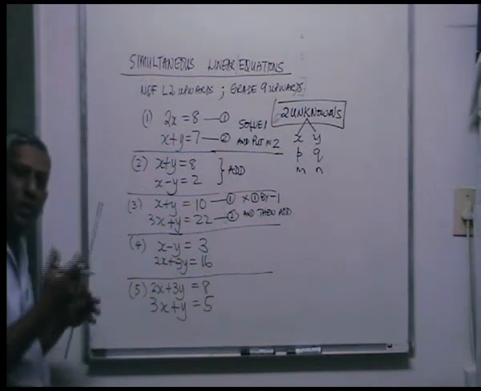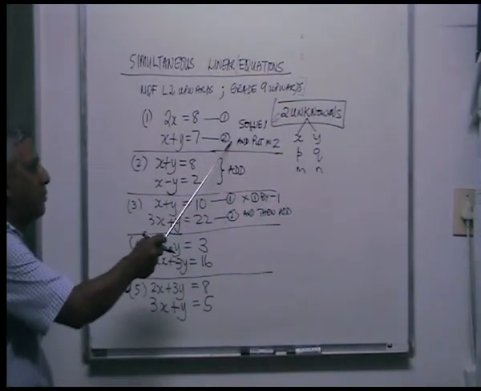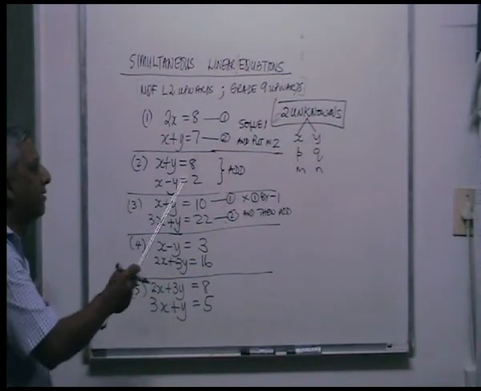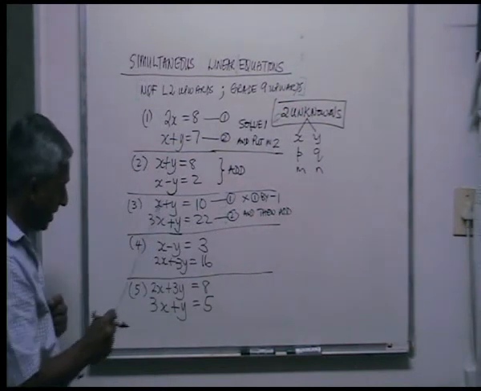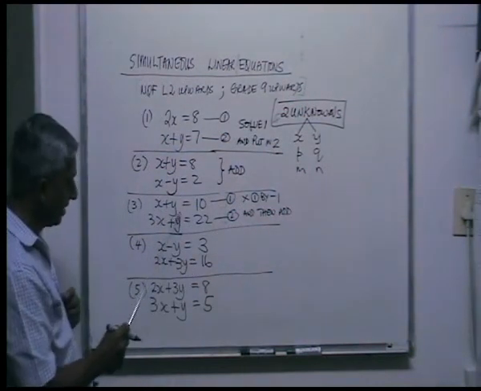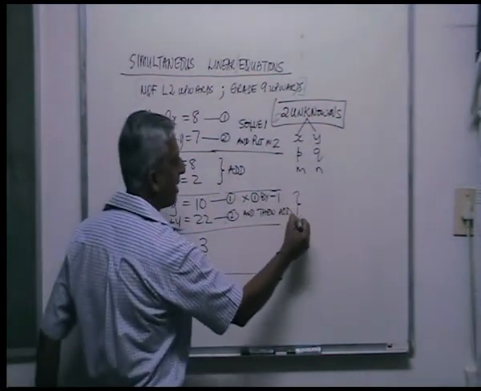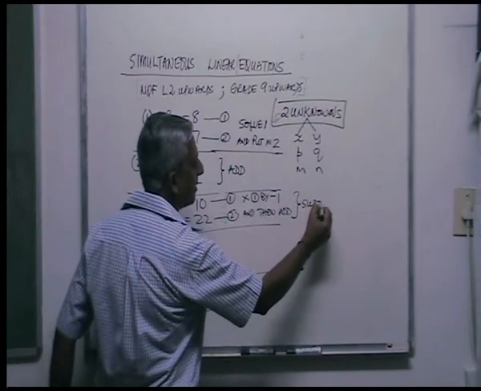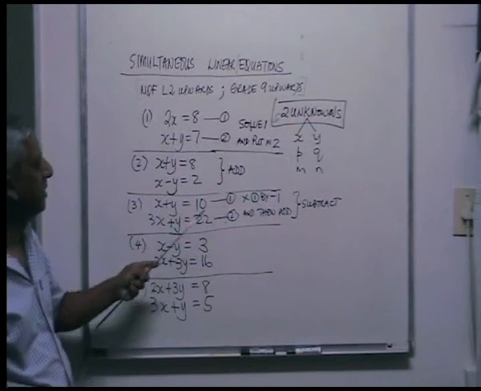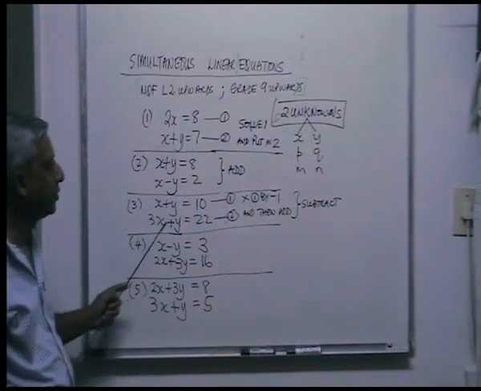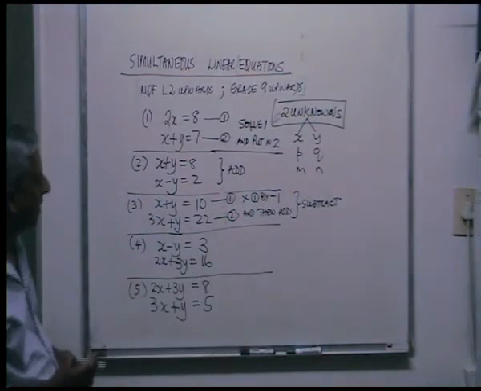Later on, I'm going to do each one so you know how it's done, but I'm just showing you the different methods. Solve one and put in 2. Add the two equations and then proceed. Here, multiply the first equation by minus 1 and then add. Or put another way, subtract the two equations. Here I'm adding them, here I'm actually subtracting the 2. When I say multiply by minus 1 and then add, I'm really subtracting.